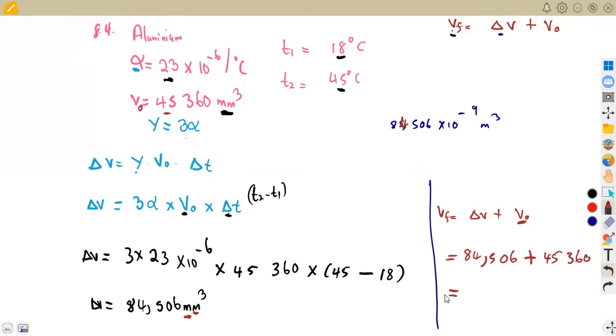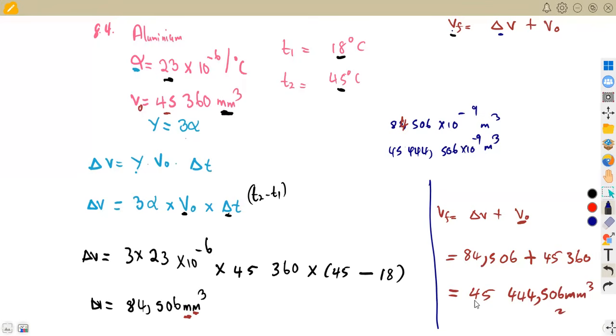So we are going to obtain our final volume in this case of 45,444,506 cubic millimeters. If you were using the cubic meters, it is going to be something like 45,444,506 times 10 to the exponent of -9 in cubic meters.